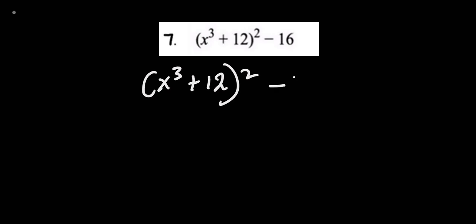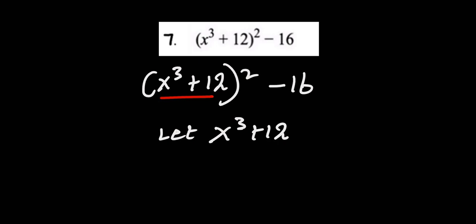Over here we have x cubed plus 12, squared, negative 16. So now the content of the parentheses can be assigned to a variable. Let's assign that to p. So let x cubed plus 12 be equal to p.